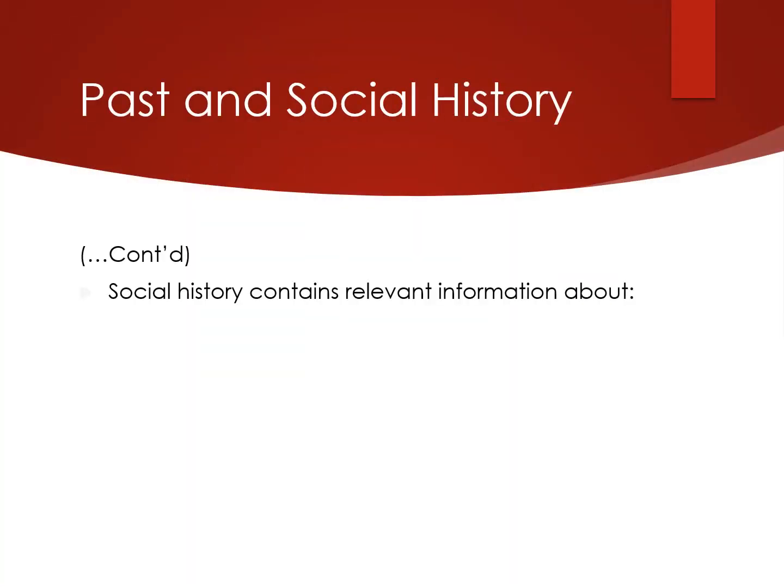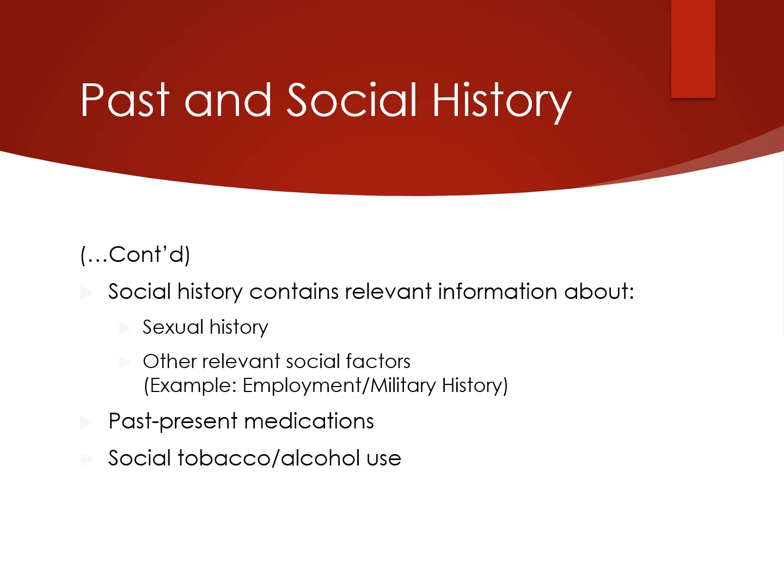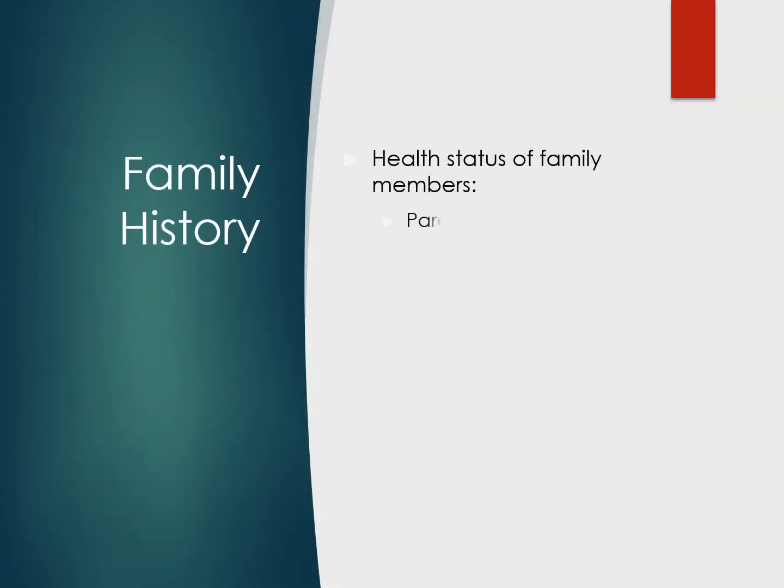The social history contains relevant information about sexual history, employment, past and present medications, social, tobacco use, family history, parents, siblings, children.